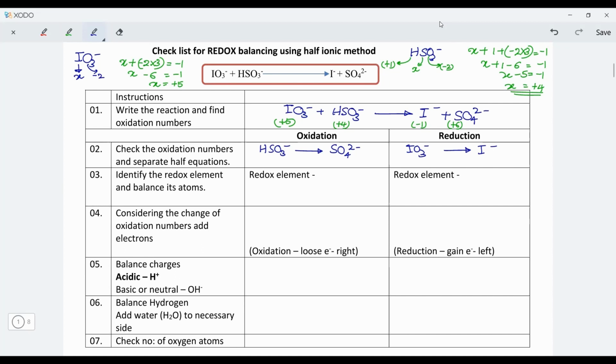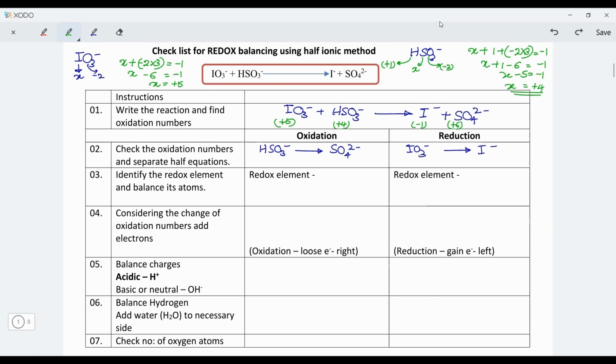The next one is you have to identify the redox element. What is redox element? Redox element means the one that is subjected to oxidation and reduction. Now you can see here in this one, you have three elements: hydrogen, sulfur, and oxygen. So in which element did the oxidation number change? If you check oxidation numbers, hydrogen is plus 1, but on this side you don't have even hydrogen.